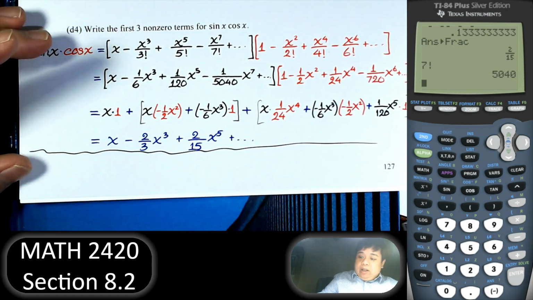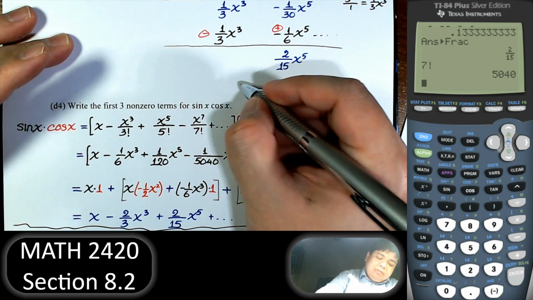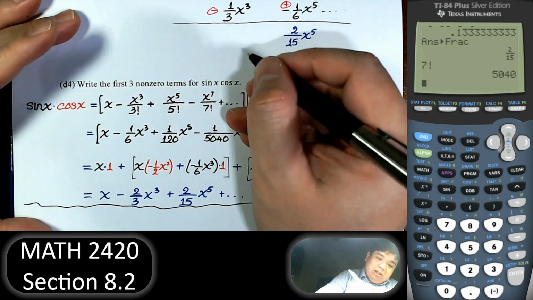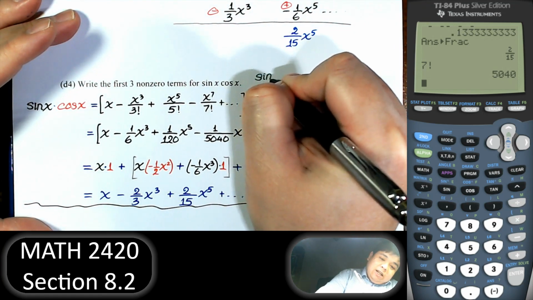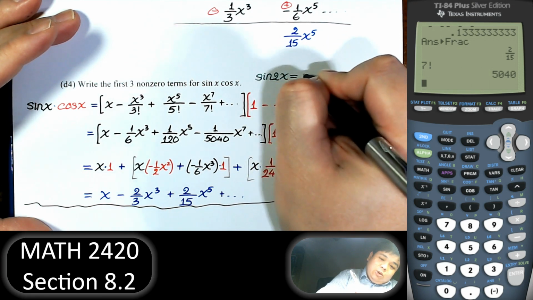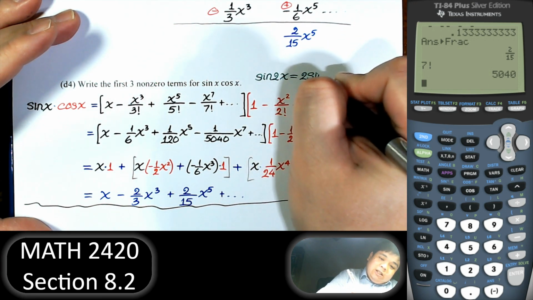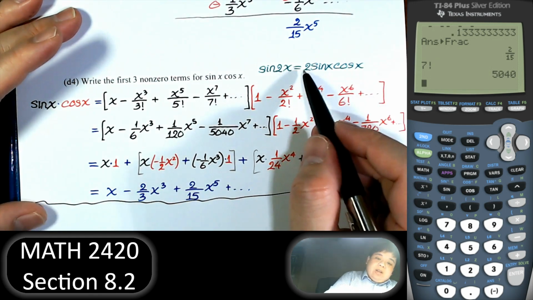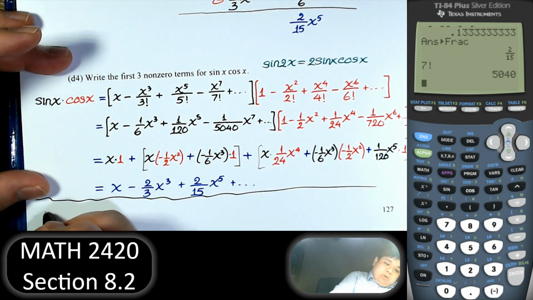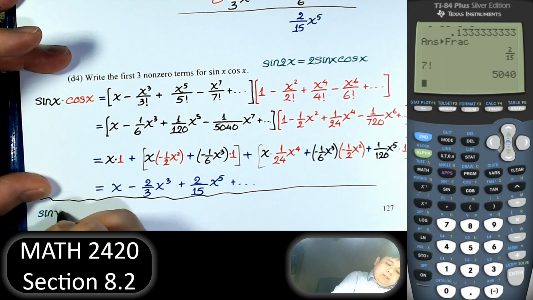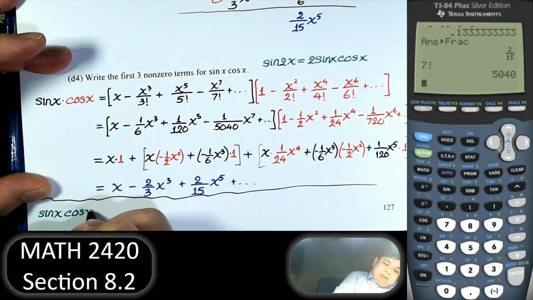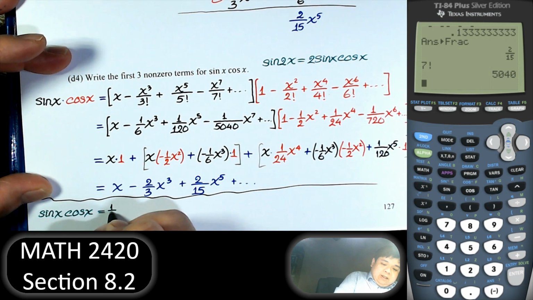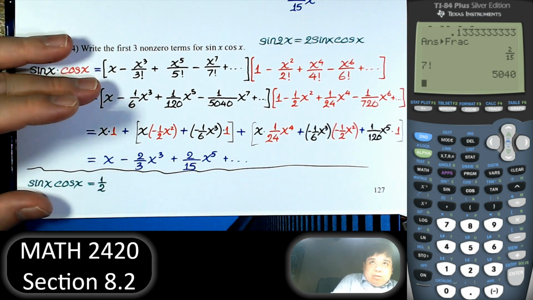A more elegant way: we should notice that I have a double angle formula. Sine of 2x is equal to 2 sine x cosine x. So if we want sine x cosine x, we just divide by 2. So sine x cosine x equals 1/2 sine of 2x, right?